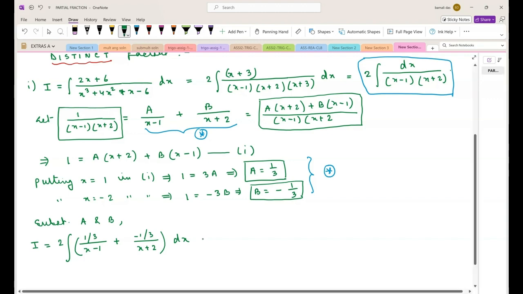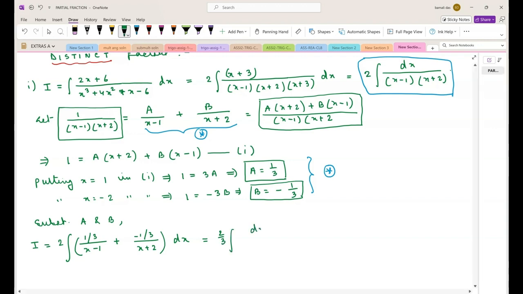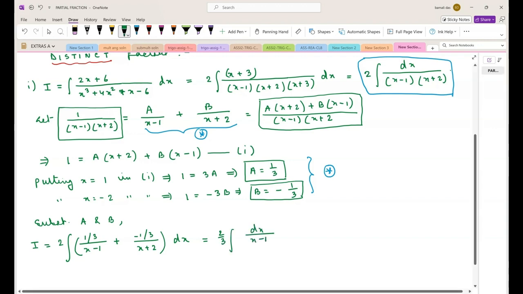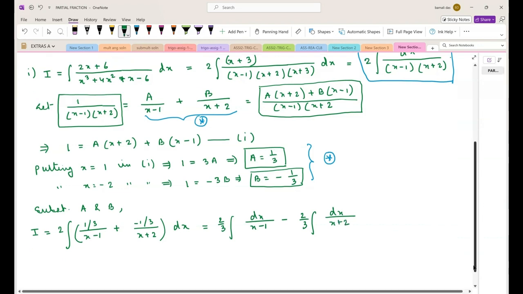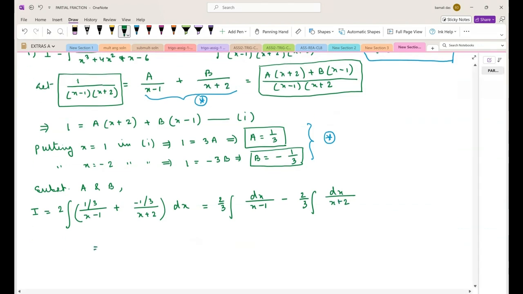So now this becomes, remember there is a 2 here, so 2 by 3 integration dx by x minus 1 minus 2 by 3 integration dx by x plus 2. That is easily done.